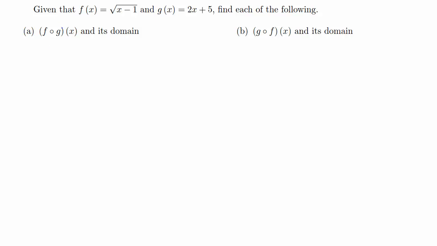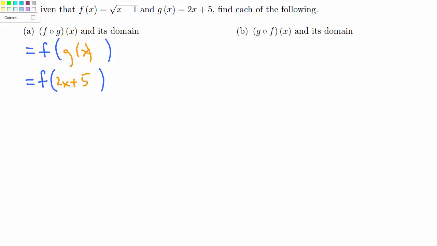So if you look at f composed of g of x, what that really means is that it's f of g of x. So this really just means f of, and then replace g of x with what it is. In this case, it's 2x plus 5. So that means we go back to the function f of x and replace the x with 2x plus 5.